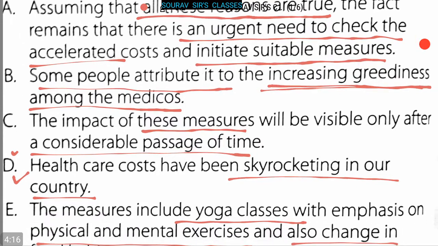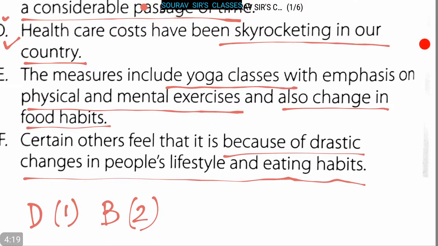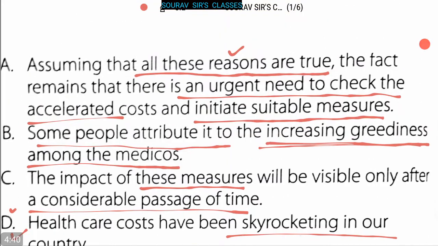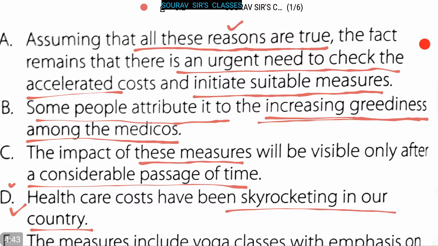Now for the third one, let's take F, that is, certain others feel that it is because of drastic change in people's lifestyle and eating habits. So let's take F as the third sentence to make the correct sequence. Now for the fourth one, let's take A, that is, assuming that all these reasons are true, the fact remains that there is an urgent need to check the accelerated cost and initiate suitable measures.